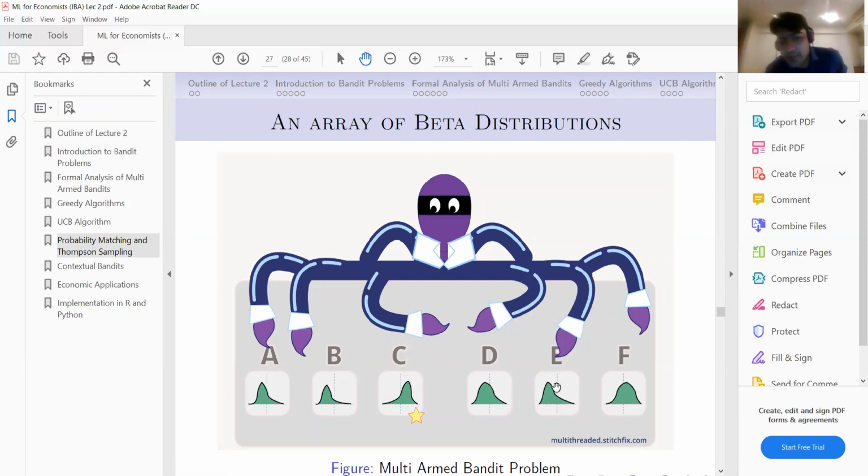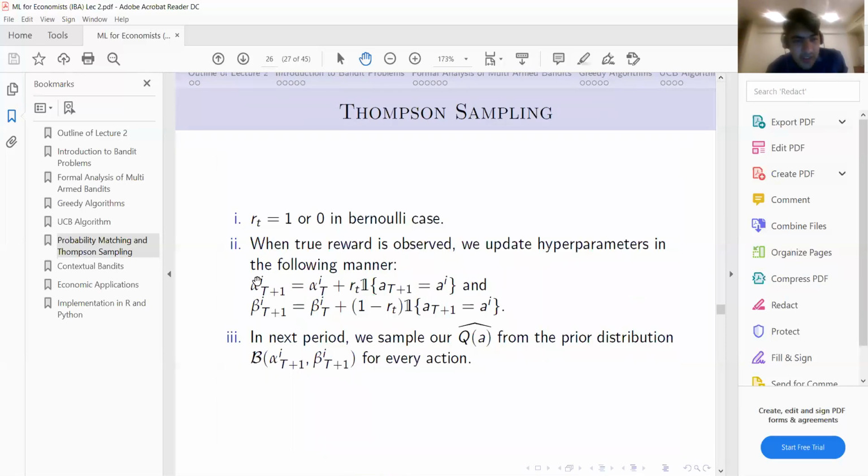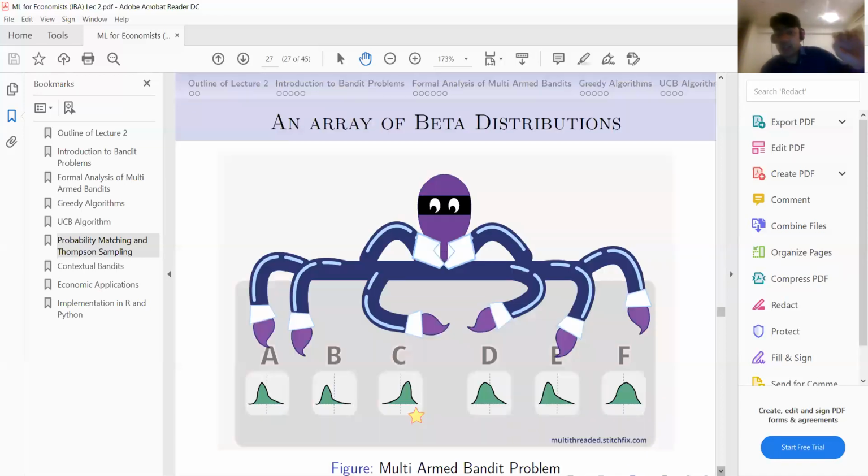All of these are beta distributions with different hyperparameters. Because remember, there's one hyperparameter for each i, and i is referring to the action. So there's an array of beta distributions, not one beta distribution, one for each arm. And you're updating all of these simultaneously over time as you keep interacting with this environment.